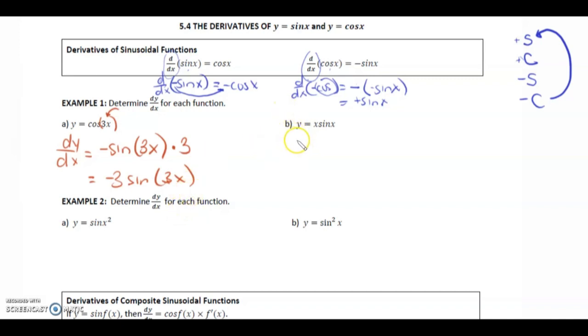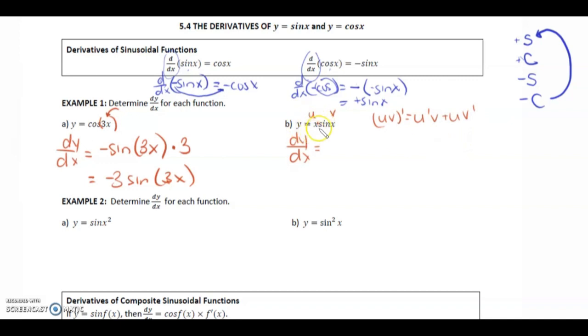Okay, b, dy by dx. Now, if we have x times sine x, this is multiplication, so this is going to be product rule. I'm going to call the x my u and my sine x my v. Product rule is going to be u prime v plus u v prime.